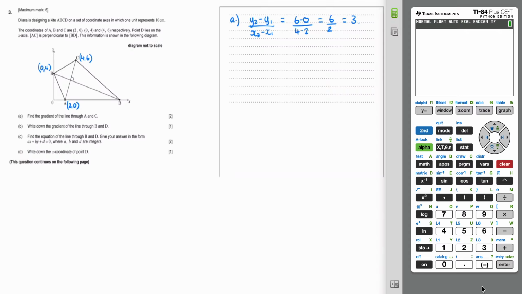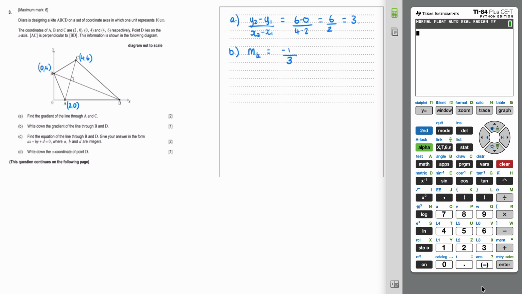And then for part B, it says to write down the gradient of the line from B to D. We can see on our diagram here that BD is at a right angle, so we're asked to find the perpendicular gradient. To find a perpendicular gradient, m, the gradient of the perpendicular, is equal to -1 divided by the previous answer.